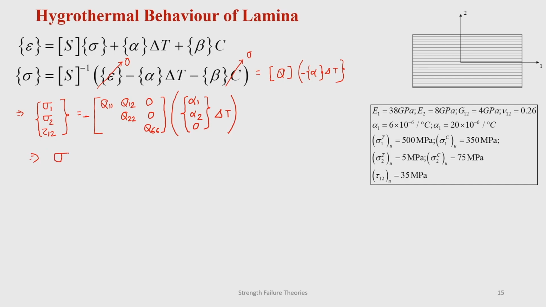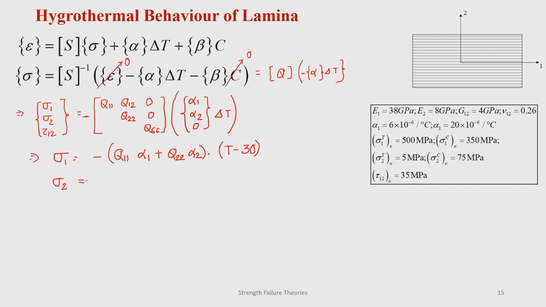Therefore, sigma 1 is equal to minus Q11 alpha 1 plus Q12 alpha 2 into delta T. Suppose T is the maximum temperature it can withstand, so delta T is T minus 30.